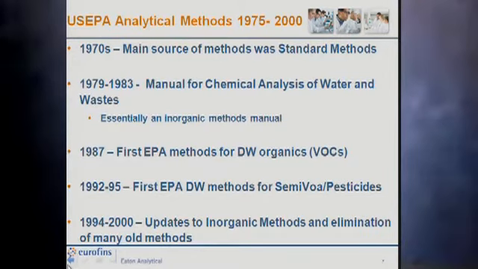And then beginning in the early 80s, EPA started developing a number of analytical methods for drinking water organics, the first one being the VOCs, and then that was subsequently followed in the early 90s by a number of methods for semi-volatiles and pesticides. And then from 1994 to 2000, what we saw was EPA updating many of those inorganic methods and eliminating many of the old methods and gradually modifying the organic methods.